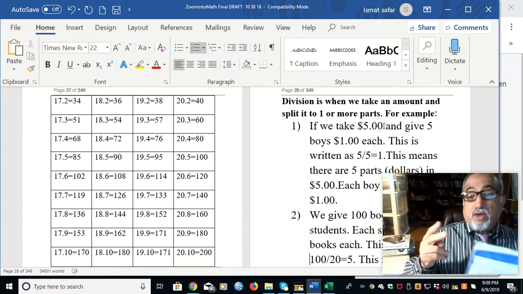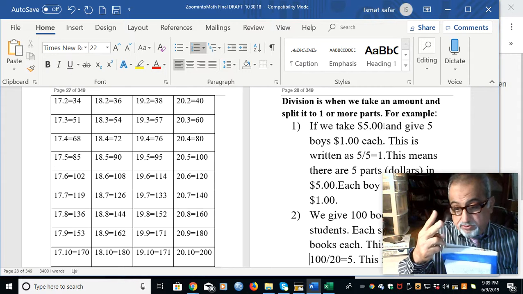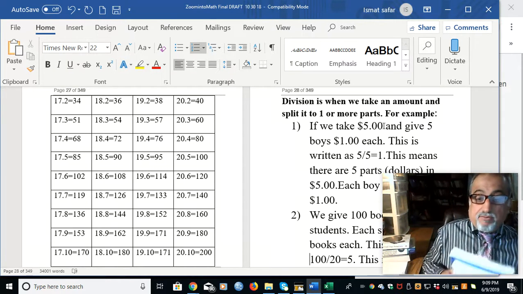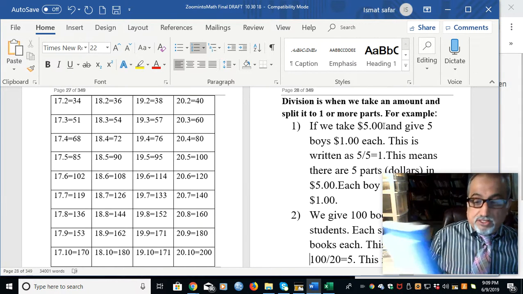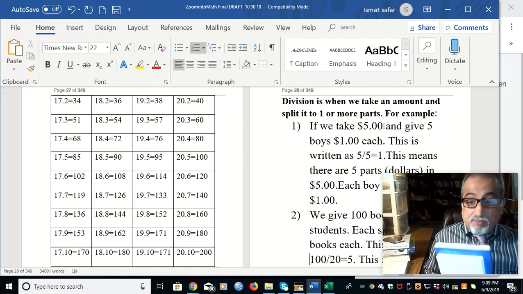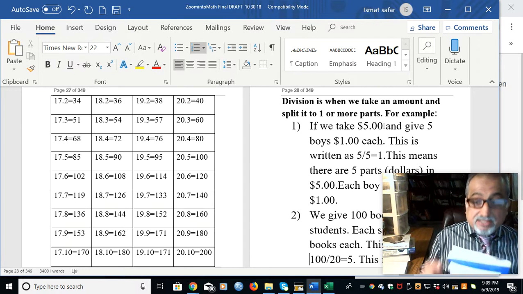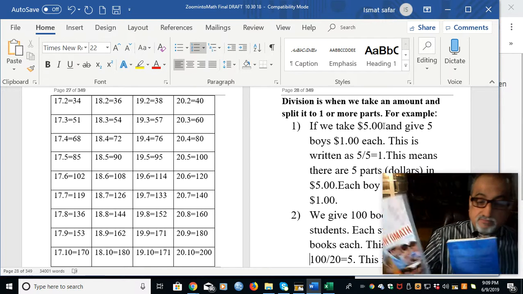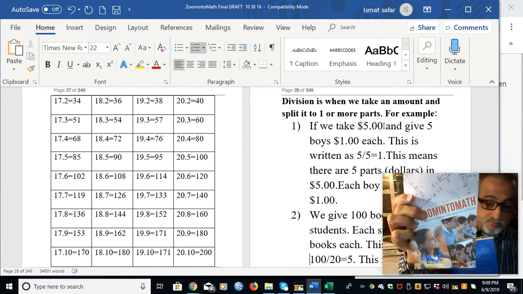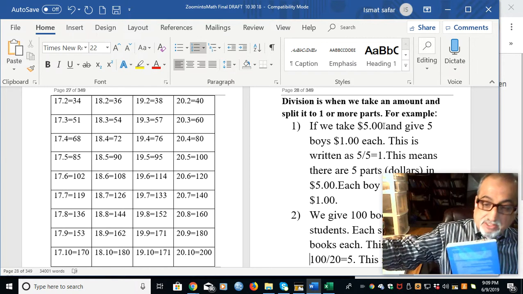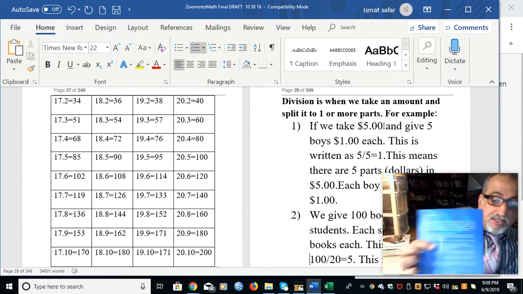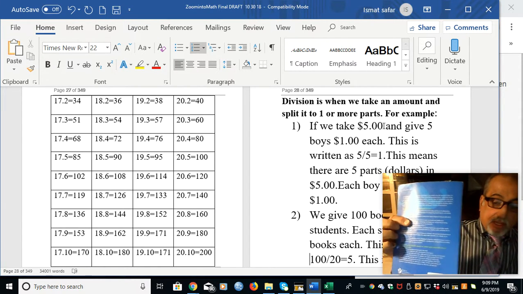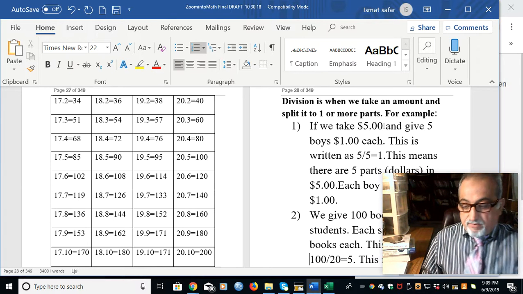How about if we have two students and we give those two books to those students? How many books will each of these students have? So the first book, one person will have, and this second book, the other student will have.